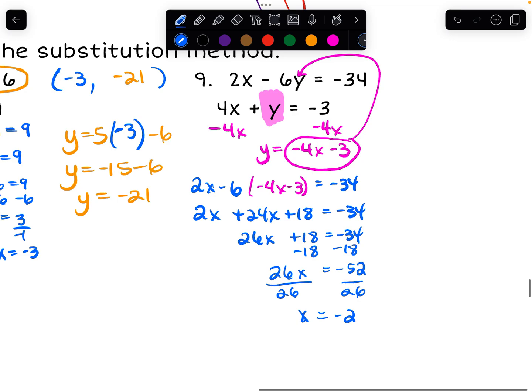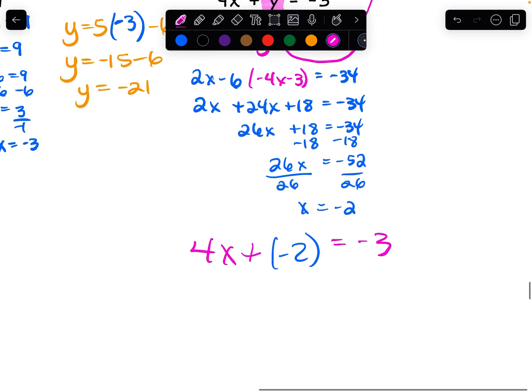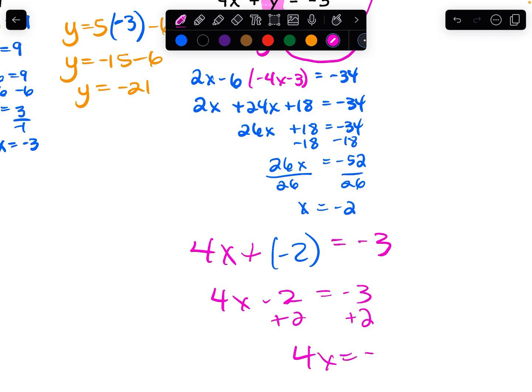So up here, I'm going to put -2, and then I'm going to plug that in. So I'm going to plug it into the second equation, so 4x plus, and then I'm going to replace the y with -2. So that's going to be 4x minus 2 equals -3. 4x equals -1.